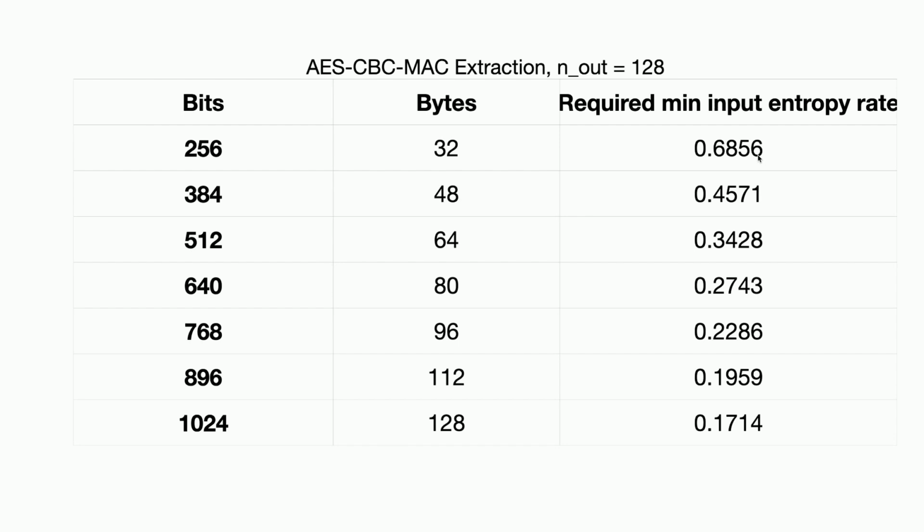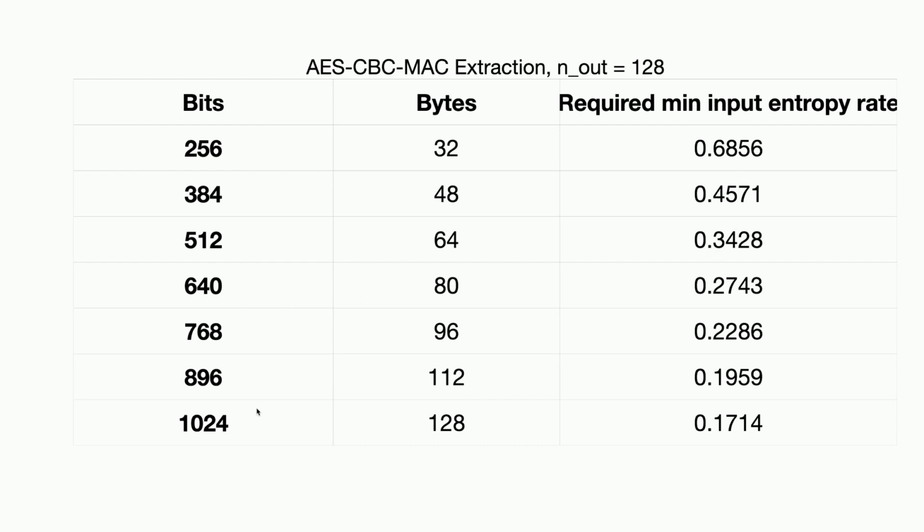The entropy rate is 0.6856 of the number of bits in. If we put in more data, now we can get by with a lower entropy rate because we're putting in more entropy overall. And we find the answer, where epsilon is less than 1 in 2 to the 32, goes down to 0.45 something, and so on.